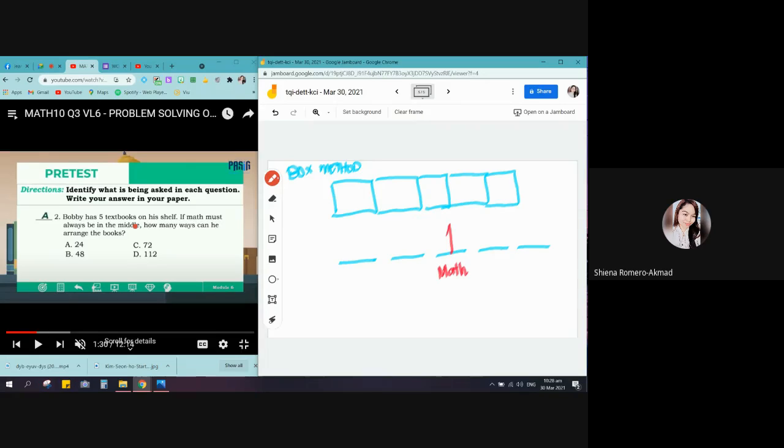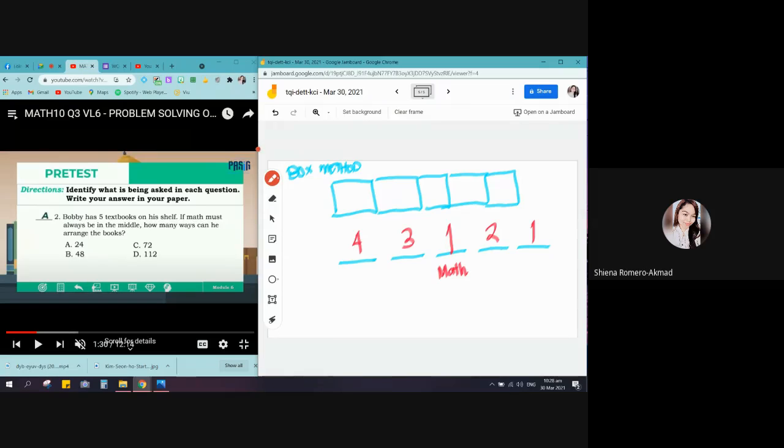And the other books can be placed to other positions. So, kunwari dito, dahil nakapili na ako ng isa, 5 yung book ko, 5 minus 1, that's 4. So, sa unang posisyon, pwede ako mamili ng 4. Kung sino pipiliin ko dyan sa 4, yun yung mapupunta dyan sa posisyon. Pag nagbawas ako dyan ng isa, we'll have 3, we'll have 2, and we will have 1.